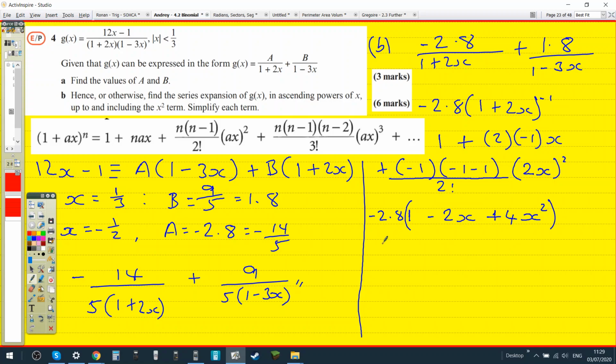And then shall I do the next one now? Yep. And so that would be 1.8 times 1 minus 3x to the power of minus 1.